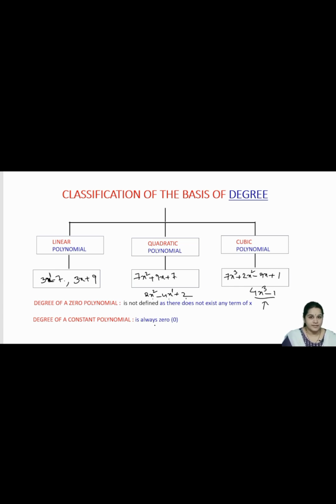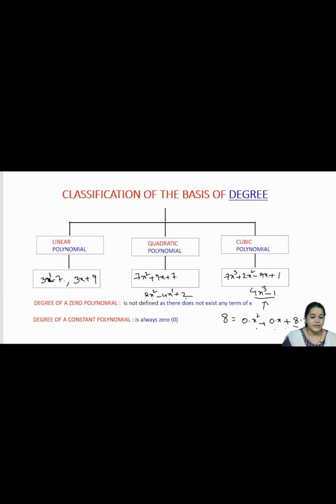Degree of a constant polynomial. What is a constant polynomial? Any number is a constant polynomial, right? So let us consider a number 8. 8 can be written as 0 into x square, 0 into x plus 8 into x power 0. What is x power 0? X power 0 value is always 1.